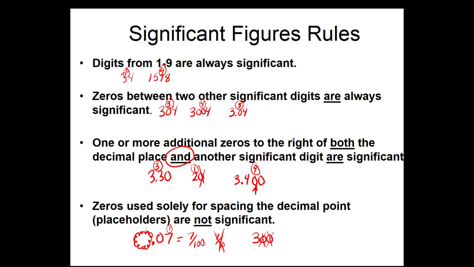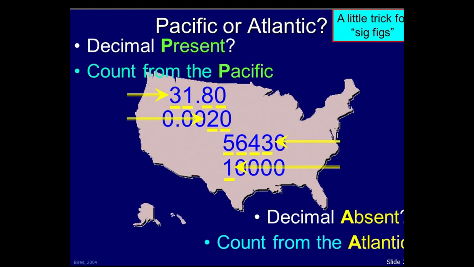Now, the next slide is going to show you a little trick that some people have used that will help out. And this is the Pacific or Atlantic trick. So if the decimal is present, count from the Pacific. Decimal absent, count from the Atlantic. So you look at this number here, 31.80.